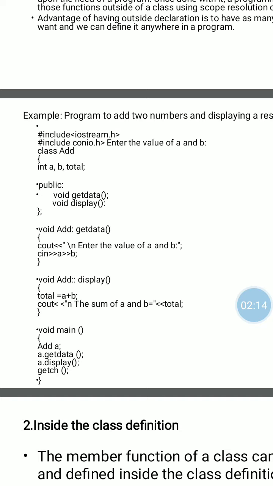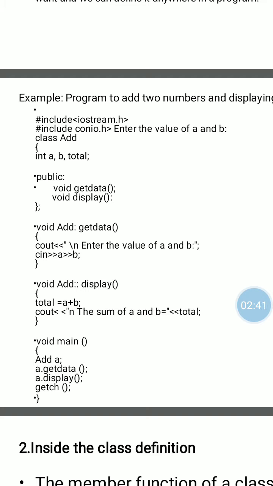So all these three data members a, b and total are by default private. So these a, b and total are not directly accessible outside the class. These private data members are accessed only with the help of functions of that class.